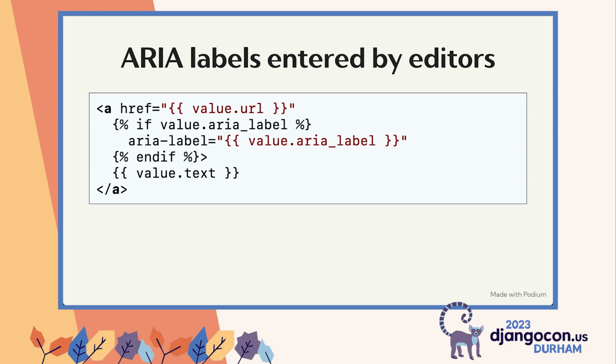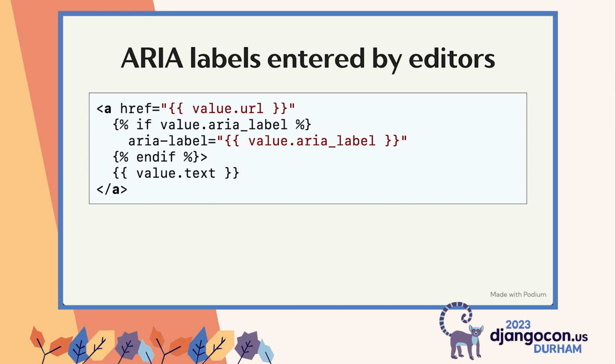How can we help editors know if an ARIA label is needed, though? The answer again is custom validation. You can override the clean method on your link block to check entered link text against a list of generic link text that would be unhelpful to hear on its own, things like "read more" and the others I listed earlier, and throw an error if the ARIA label field hasn't also been filled in.